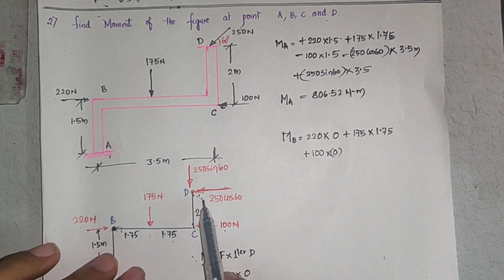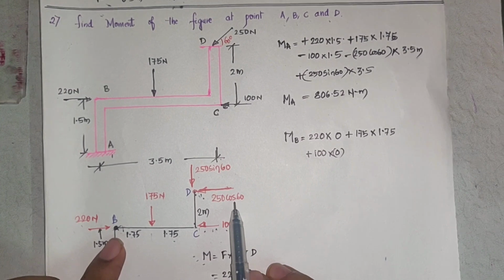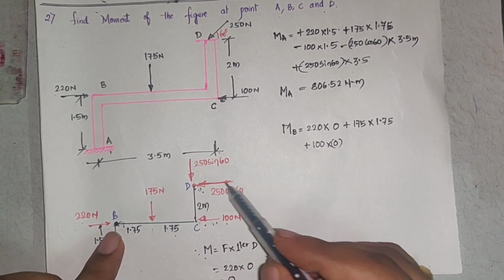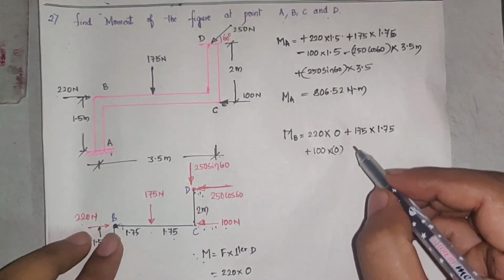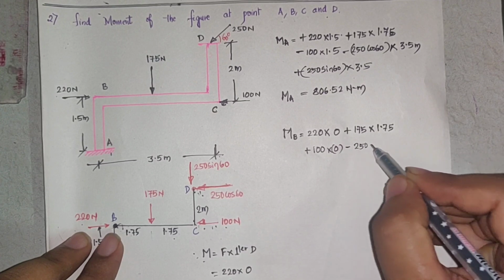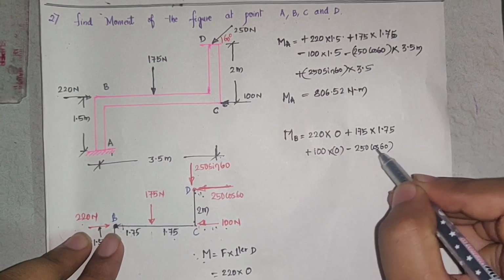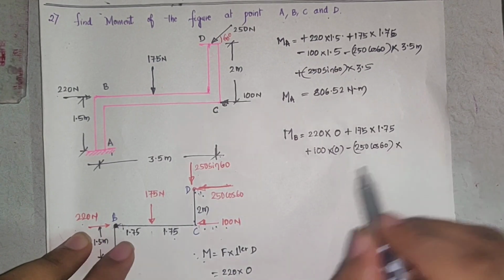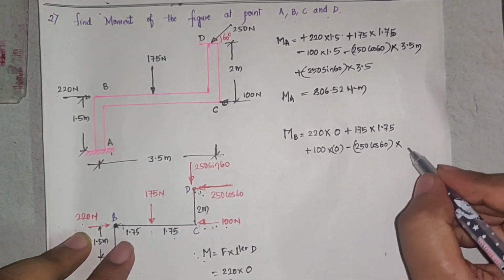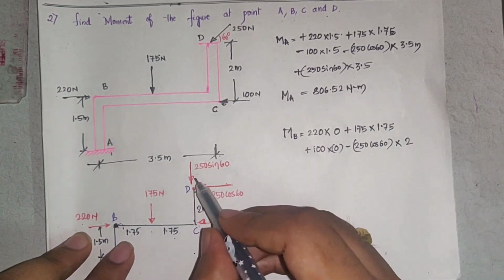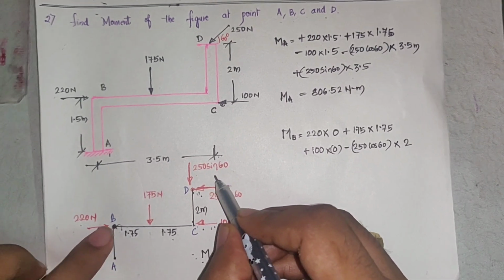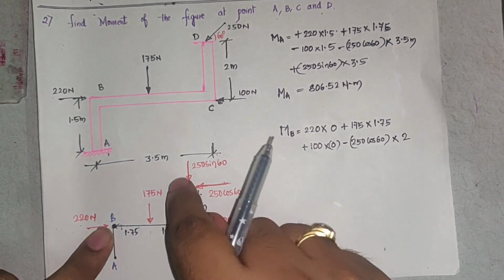Now moving on to the next force. How is 250 cos 60 rotating about point B? It is rotating anti-clockwise, so I'll write minus 250 cos 60 into the perpendicular distance, which is 2 meters. How is the rotation caused by 250 sin 60 about point B? It is rotating clockwise.